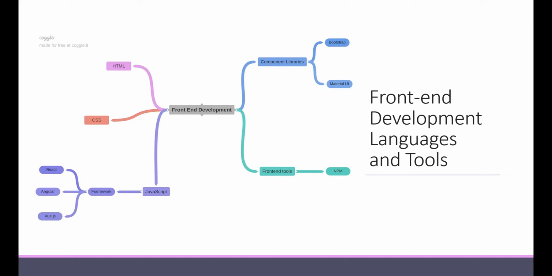Now, front end development stands firmly on three pillars: HTML for markup, CSS for styling, and then JavaScript for logic and interaction. Now, although these three technologies have kind of stood the test of time, the underlying tools and frameworks change constantly.